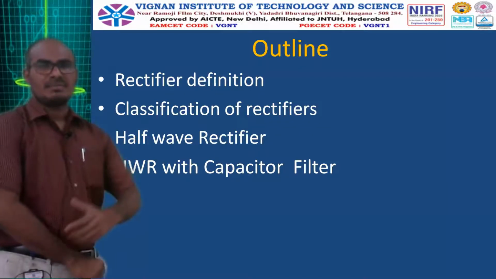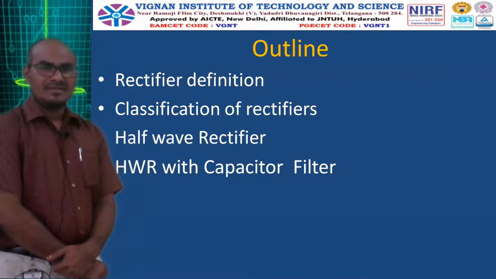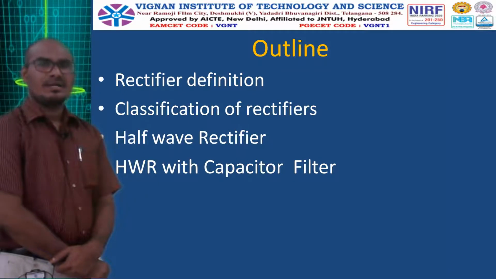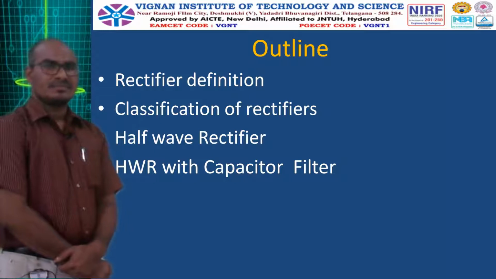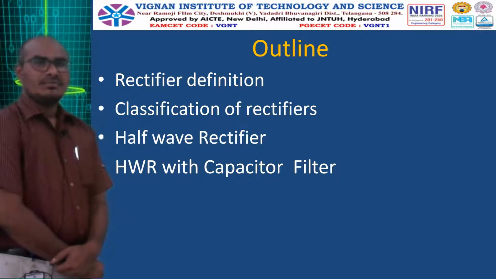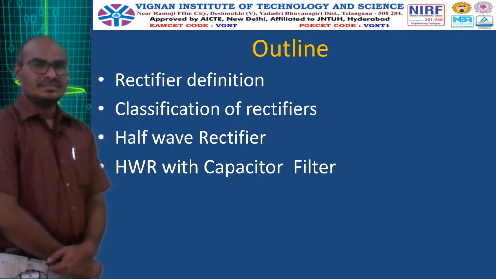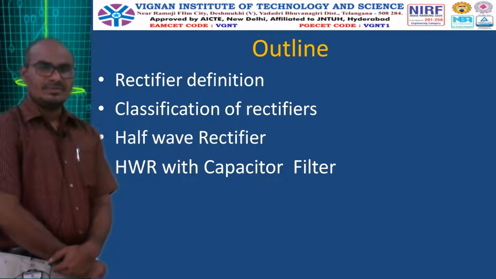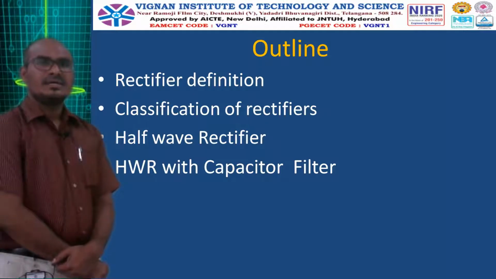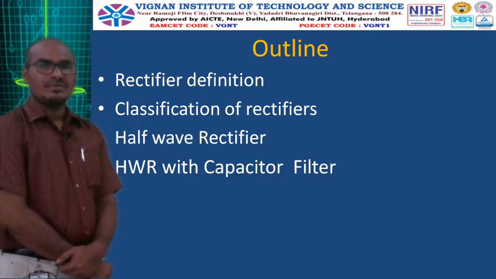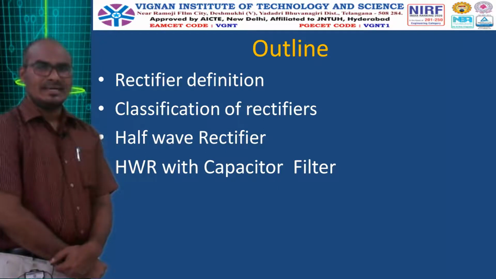We have seen some of the behaviors of the PN junction diode in the form of diode resistances and diode capacitances. After this, we also introduced the special diodes, starting with the avalanche diode, Zener diode, and tunnel diode. And in the recent class, we studied the photodiode and the light emitting diode.